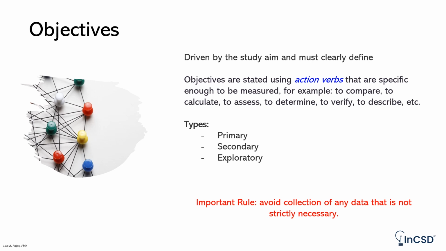Primary objective, driven by the primary hypothesis, and that is the main goal of the study. Sometimes it could be to evaluate the safety or to evaluate the efficacy profile. The secondary objective: any other objective that will be evaluated or tested will be considered a secondary objective.